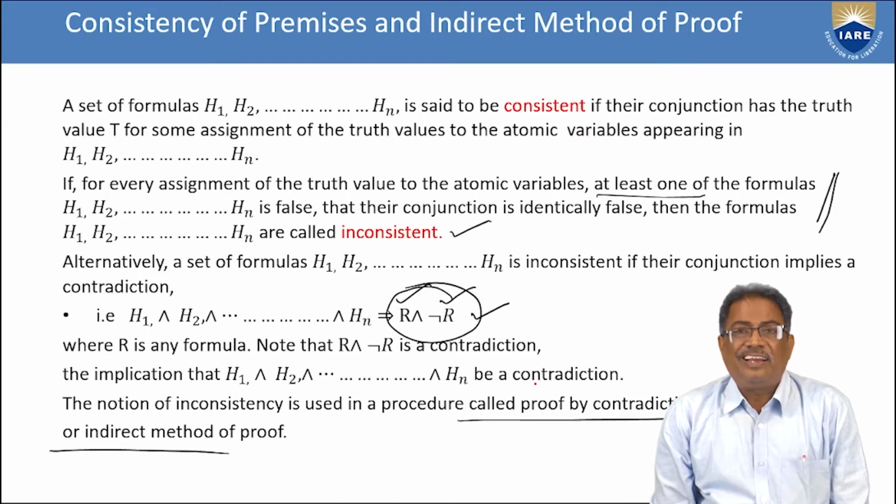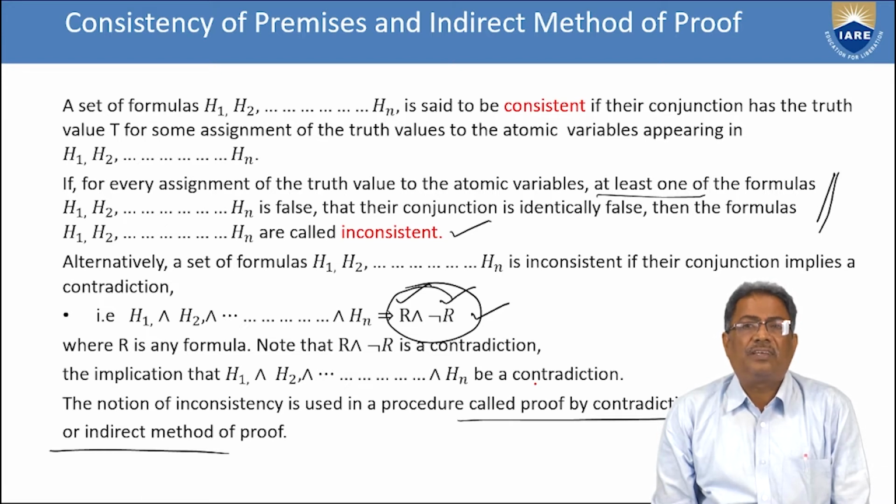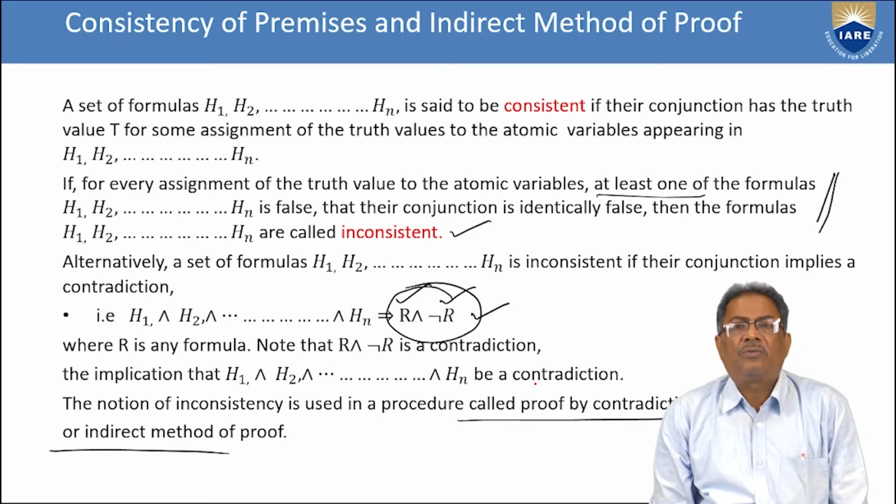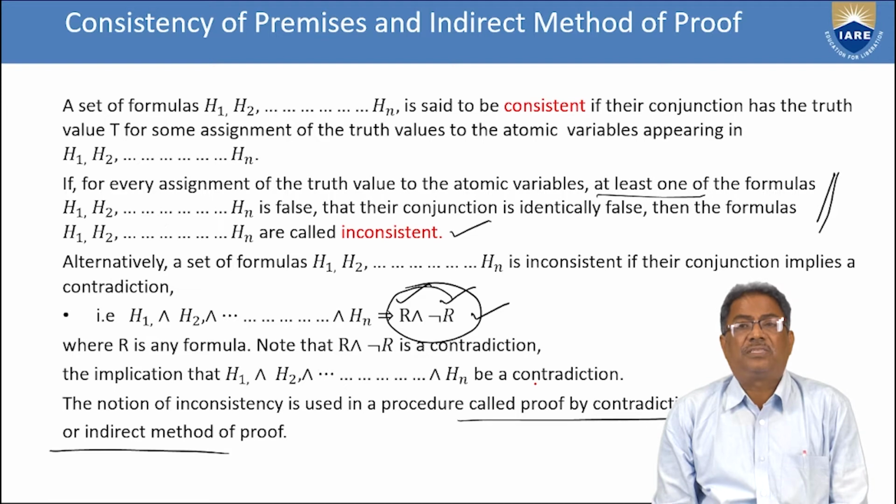This shows the given formulas are inconsistent, because R is true and negation of R is true, which is meaningless. This procedure is also called proof by contradiction, or the indirect method of proof.